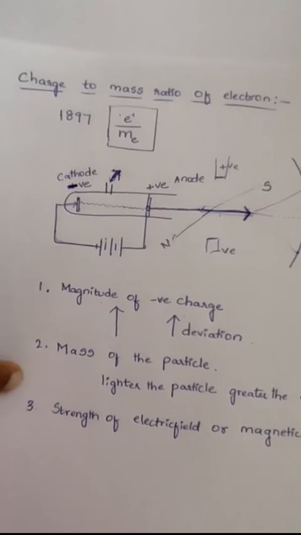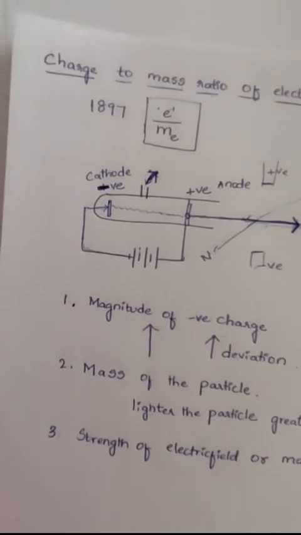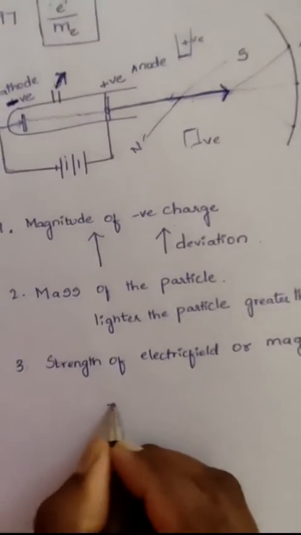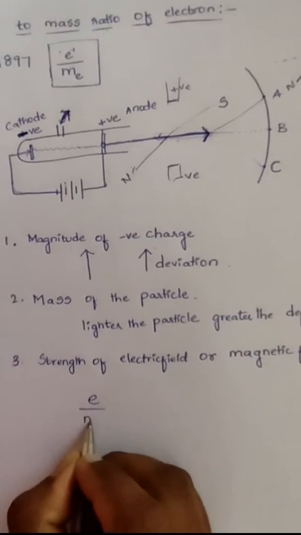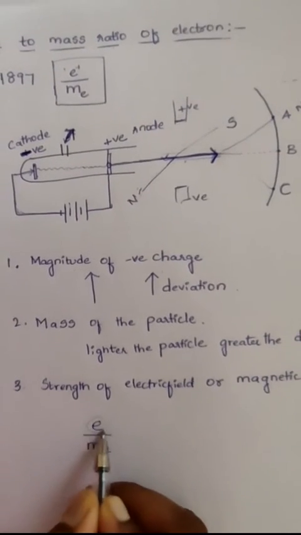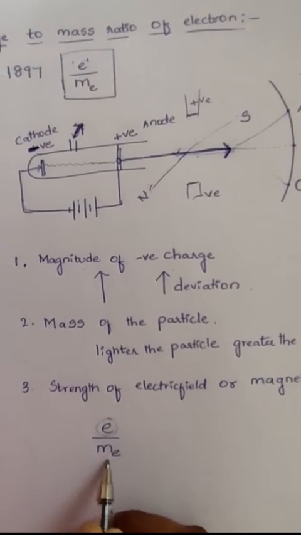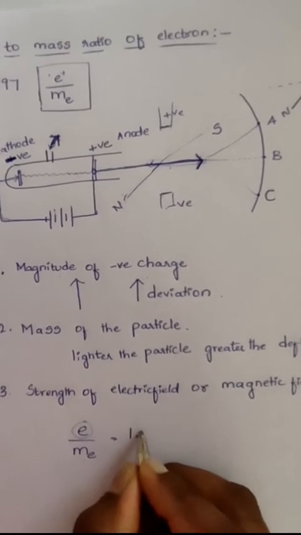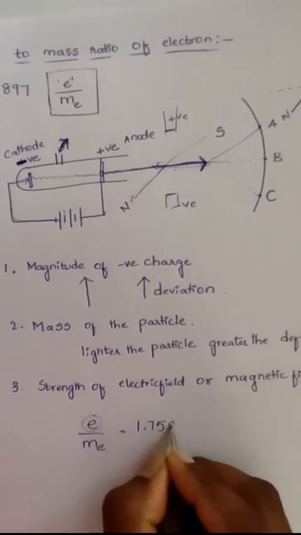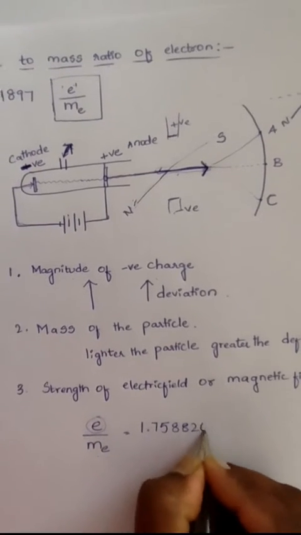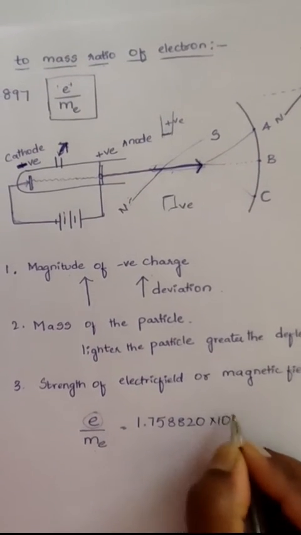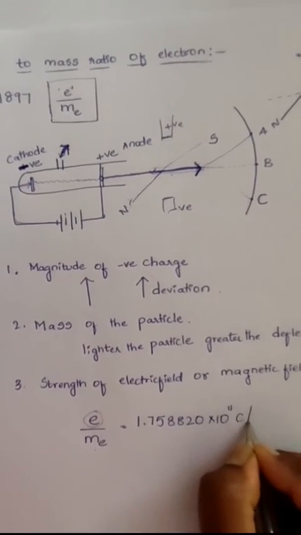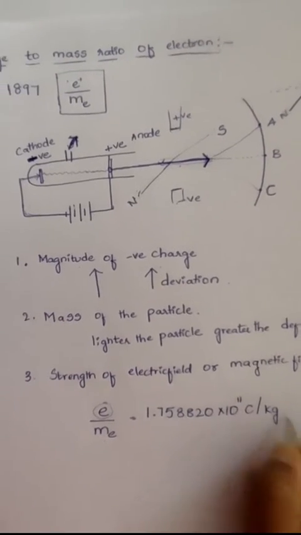By these experiments, he was able to determine the value of e/me, that is, the charge of the electron by the mass of the electron, as 1.7588820 × 10^11 coulombs per kg.